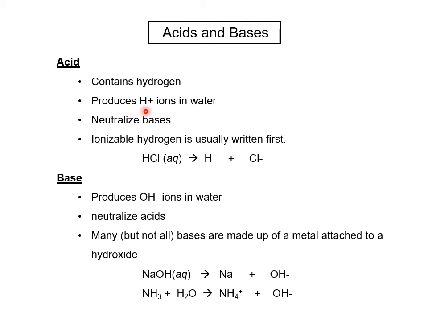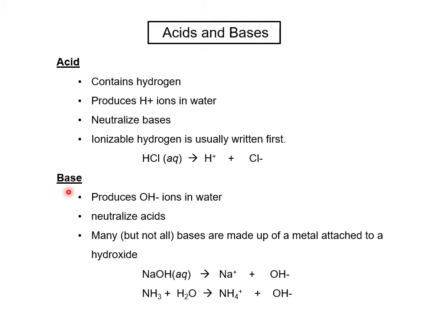So that proton becomes attached to water and it actually forms an H3O+, which we call a hydronium ion. Acids neutralize bases. And again, when we put them in water, they break up into H+ and Cl-. We always put the ionizable hydrogen first. The ionizable hydrogen is the hydrogen that breaks up into H+ when it's placed in water.